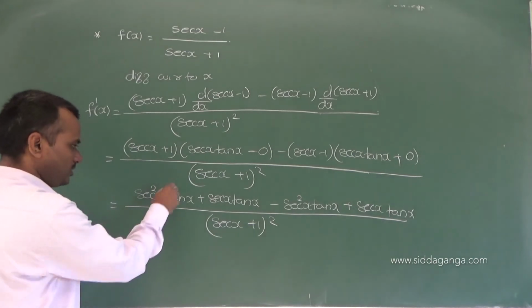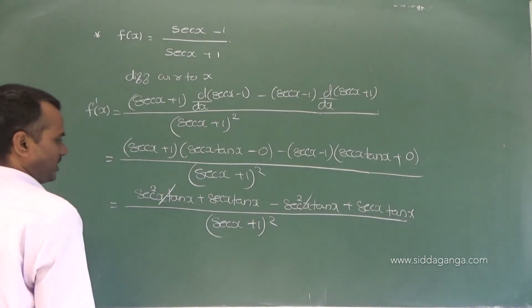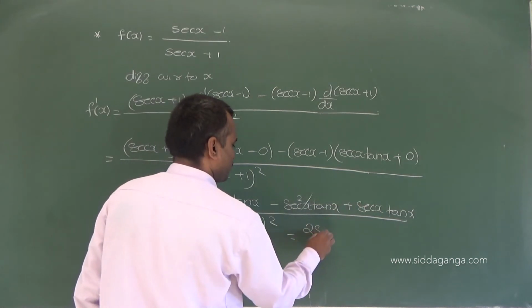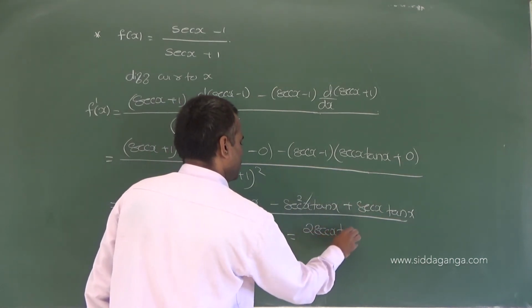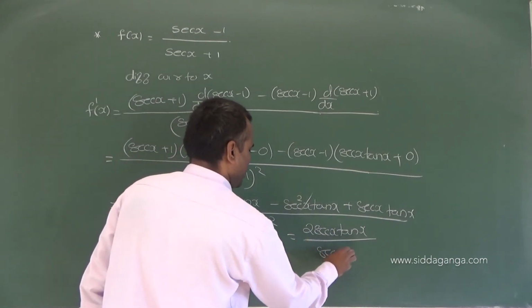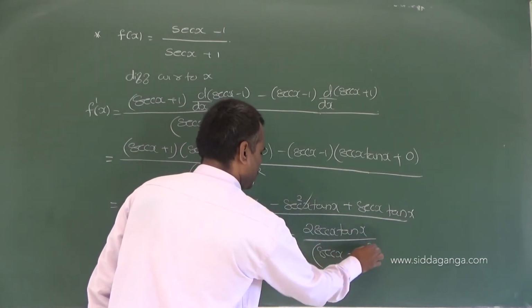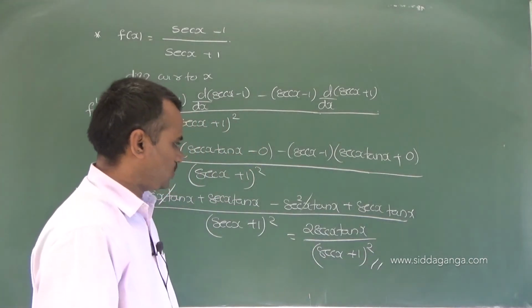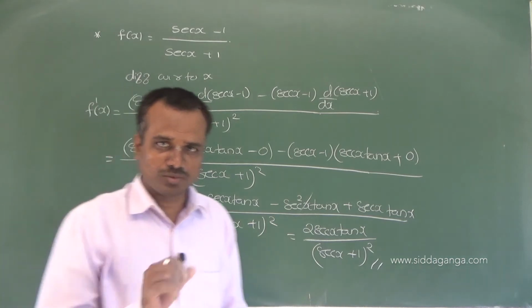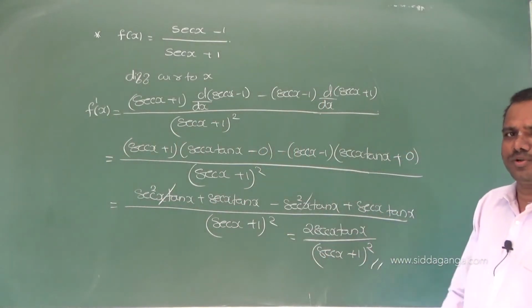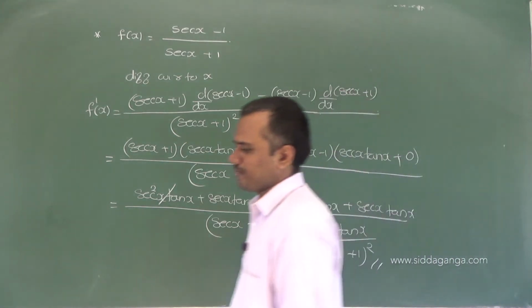What happens? Plus and minus get cancelled. Secant x into tan x, 2 times secant x into tan x, whole divided by secant x plus 1 whole square. Observe each step. This is also a very important problem. Next problem.